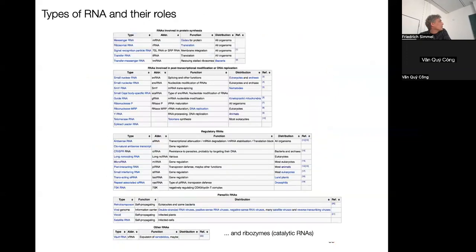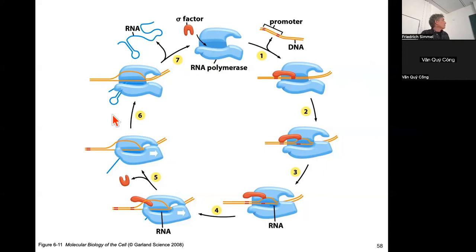What I'm not talking about right now is the translation process, which is much more complicated, and we are coming back to this later. Just one thing here that you cannot read this probably, but maybe 10 or 15 years ago, people still thought that RNA mainly has the role of being either tRNA, a part of the ribosomes as ribosomal RNA, or mRNA.